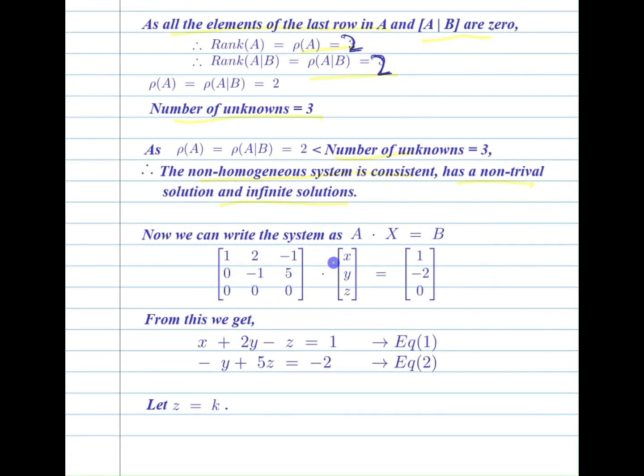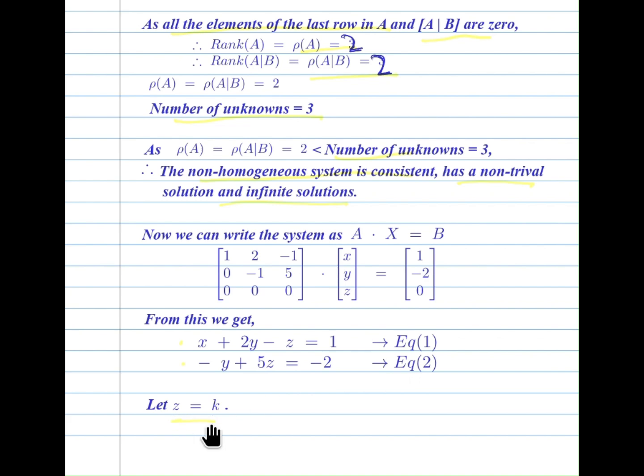So we can rewrite the system as [1 2 -1; 0 -1 5; 0 0 0] multiplied by [x y z] equal to [1 -2 0]. From this we get x plus 2y minus z equal to 1 as equation 1, and minus y plus 5z equal to minus 2 as equation 2.